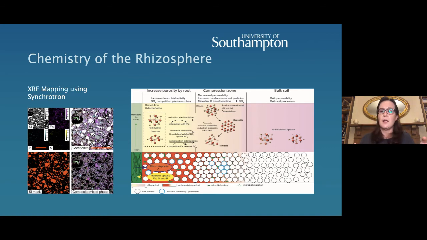And what we found, to cut the long chemical X-ray mapping story short, is that the root having grown into the soil and creating this increased porosity zone and then compression zone further away, that compression zone actually physically seals off the microbial active zone around the root, so that all the microbial rhizodeposits and nutrient uptake and microbial transformation remain physically constrained into the immediate surrounding of the root in the increased porosity zone, and they can't escape very easily through that compression zone into the bulk soil.